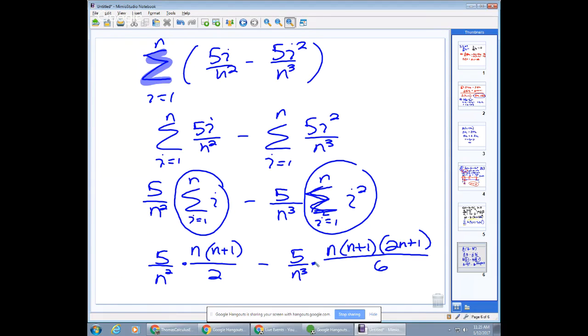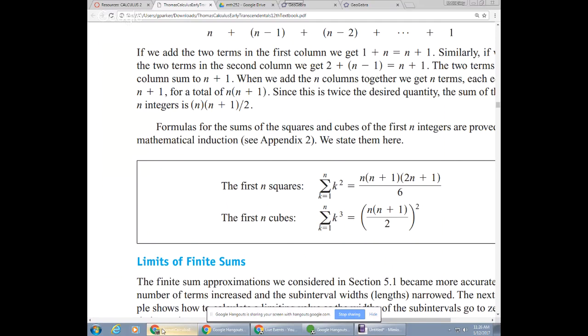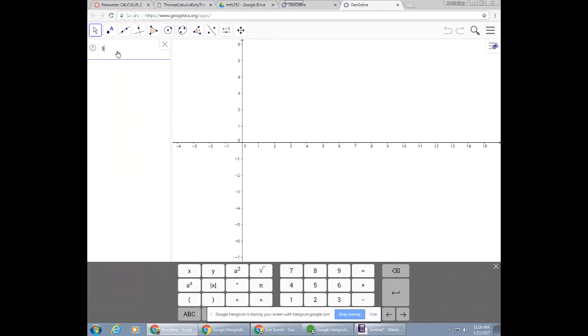So what we really want to see is what happens to this resulting sum answer as we let n get bigger and bigger. Does this have a limiting value? Or does it keep growing forever? Well, let's take a look at the graph of this function to get a peek of that before we continue with this exploration. Our function is 5x minus 5x squared.